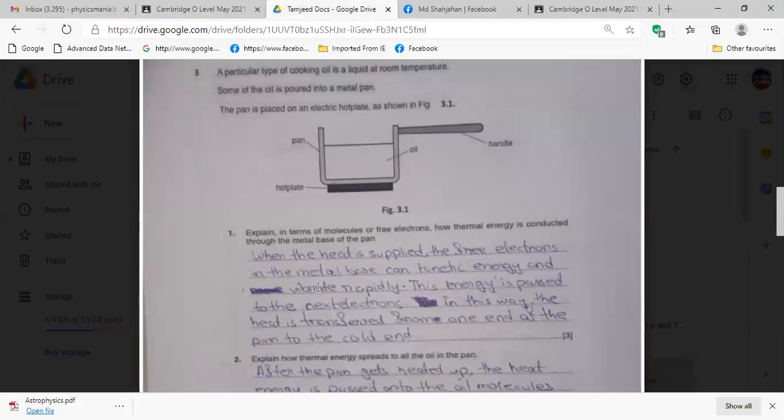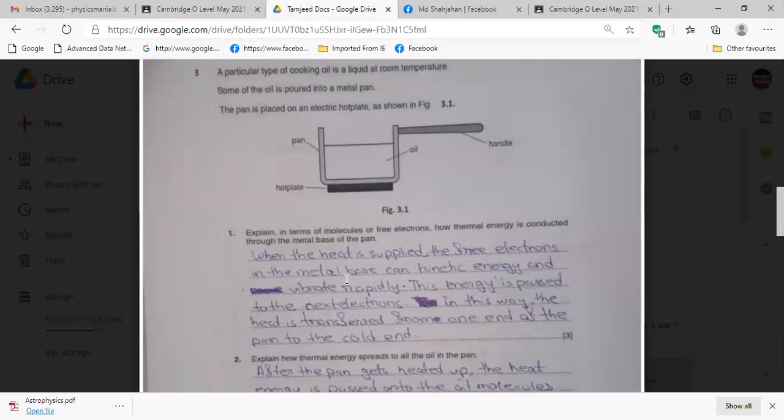The free electrons in the metal base can what? What you wrote here, can? It should not be can, it should be have.